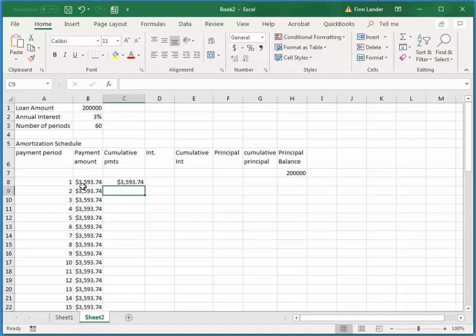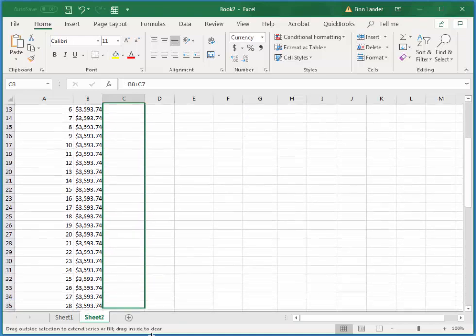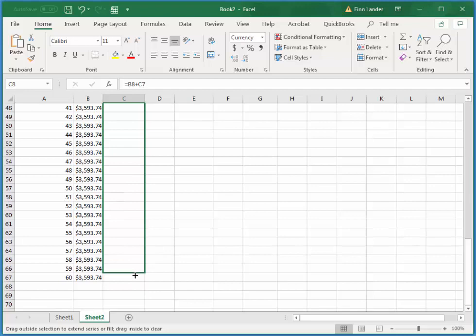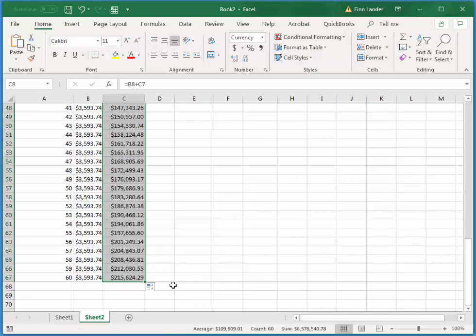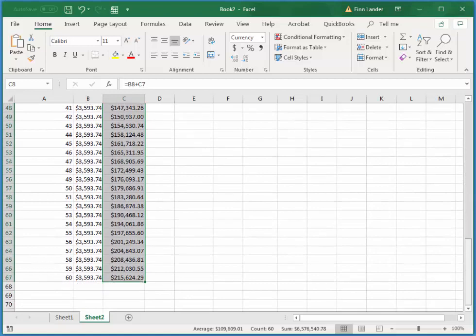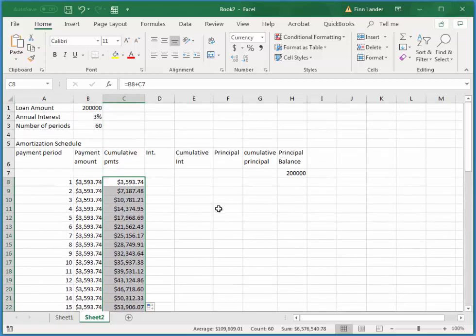So of course the first month is just the same, but then the next month will be that plus that, and so on. And by the end of it, we'll have the total amount that we've paid. So basically, we'd be paying $15,624.29 in interest. We can quickly see that just by looking at that number.